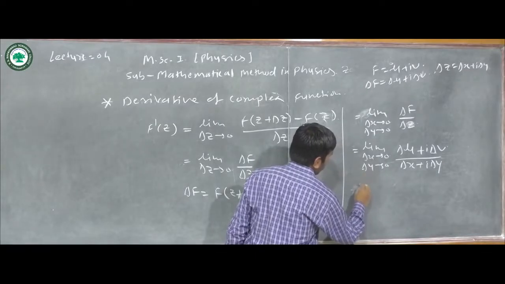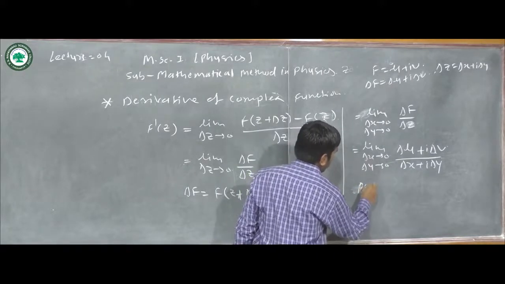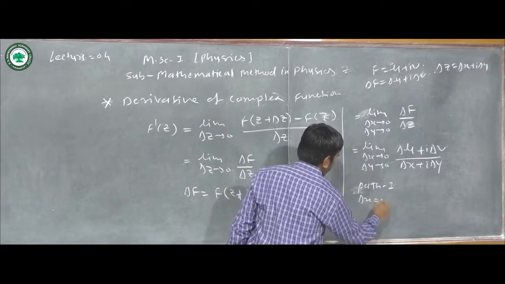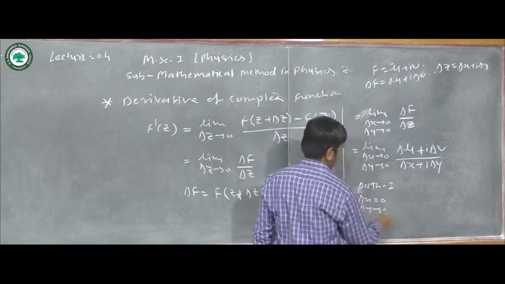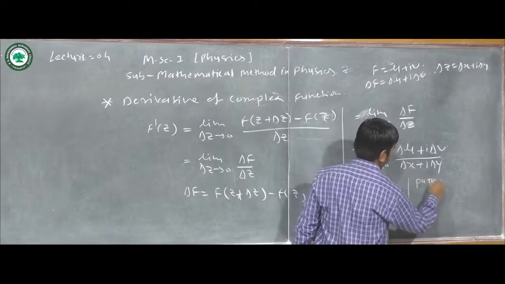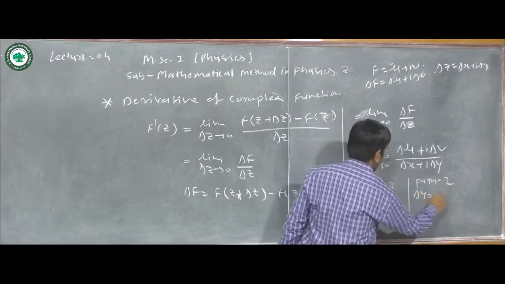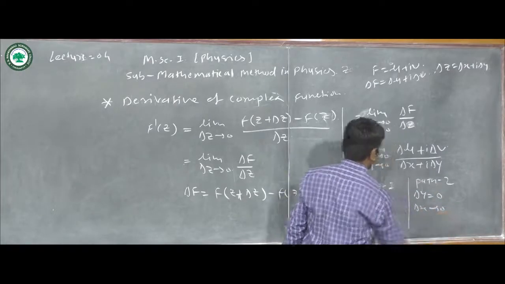So the first path is del x equal to 0 and del y approaches 0, and the second path is del y equal to 0 and del x approaches 0.